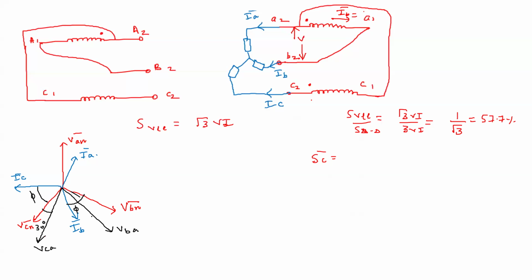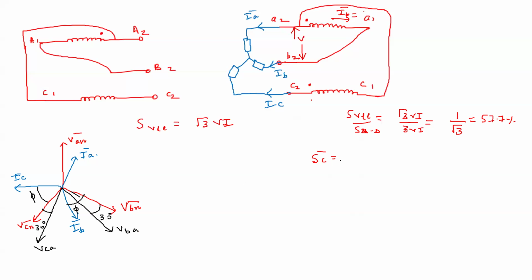In a similar way, this is 30. This we know, right? We have seen in the last class how the line to line voltages lead their respective phase voltages by 30 degrees.